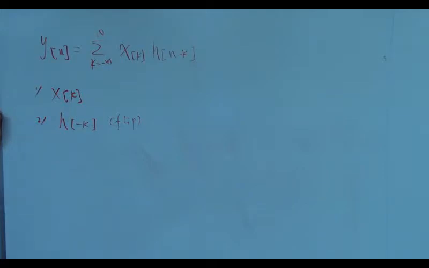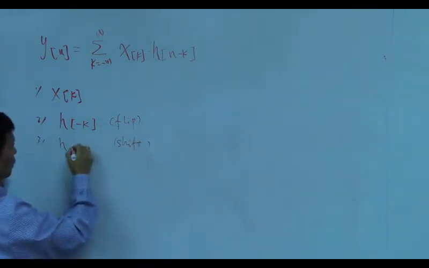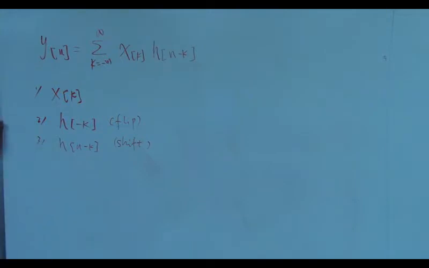Then the next one is shift. That gives us a shift by n time. So that gives us n minus k. Shift this one, we get n minus k.